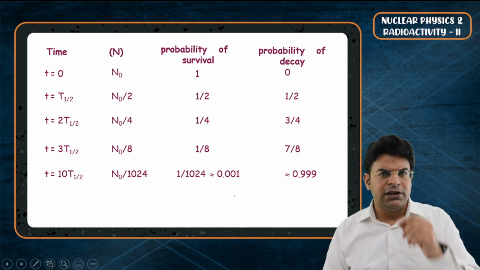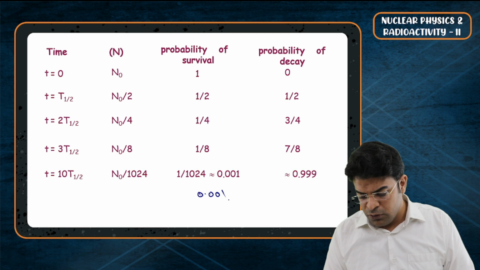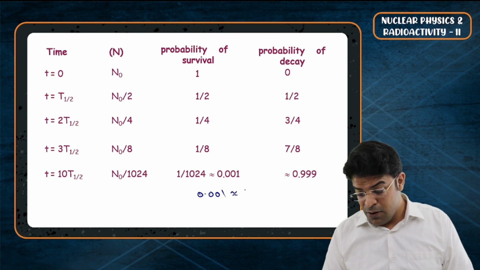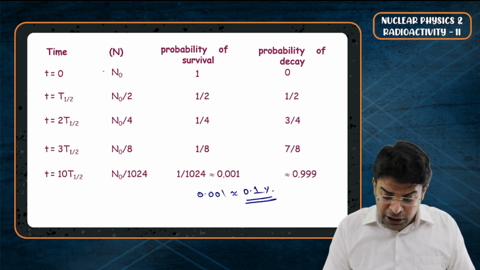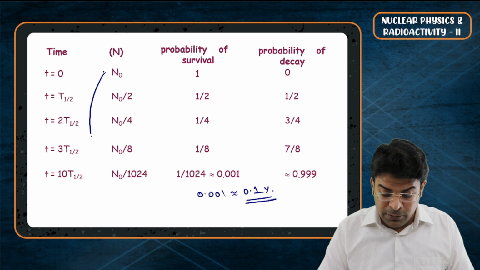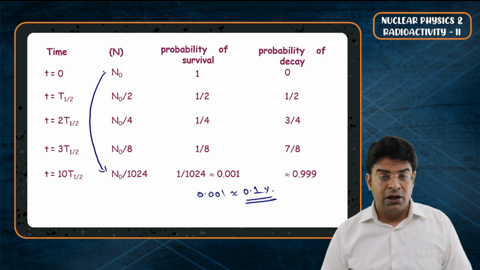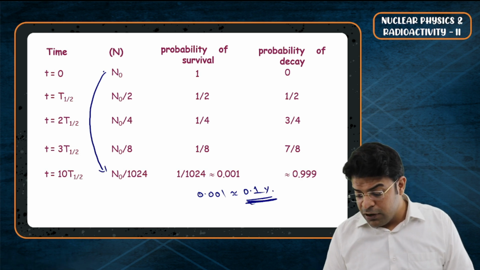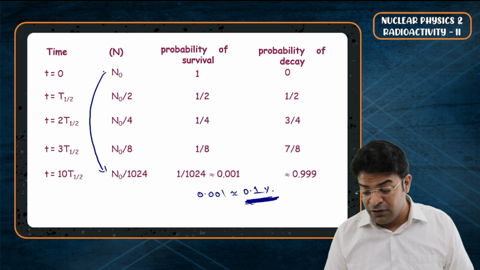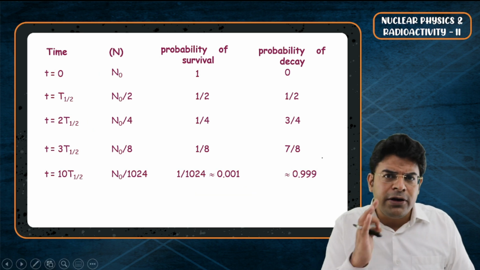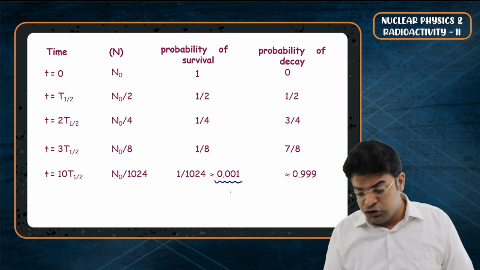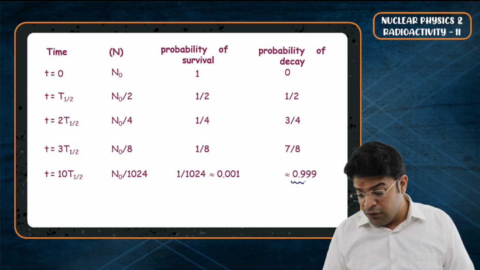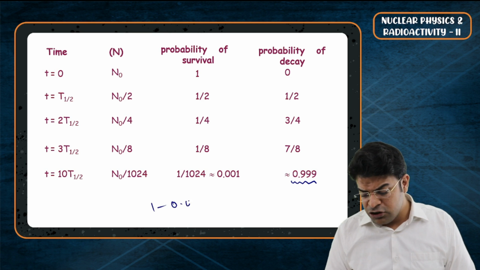Now you need to understand that 0.001 is 0.1%. It means that 99.9% of the material has decayed and only nearly 0.1% of the material has survived. If the probability of survival after 10 half-life is 0.001, then the probability of decay has to be 1 minus 0.001.